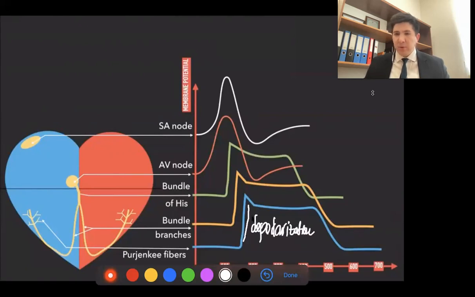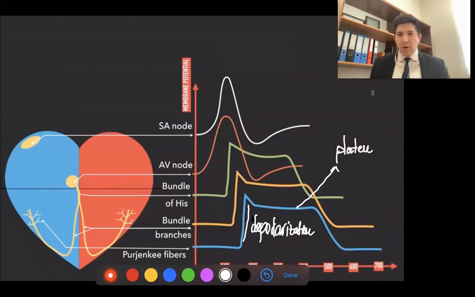And if you remember, there are some other voltage gated ion gates which are going to stabilize the situation. They stabilize the membrane potential so that it stays constantly positive for a while. We call this state the plateau.